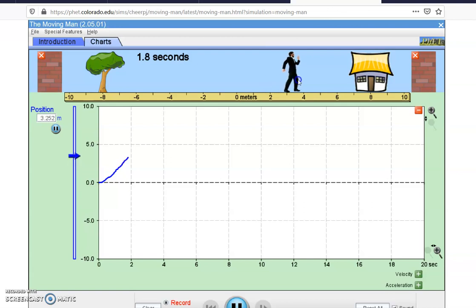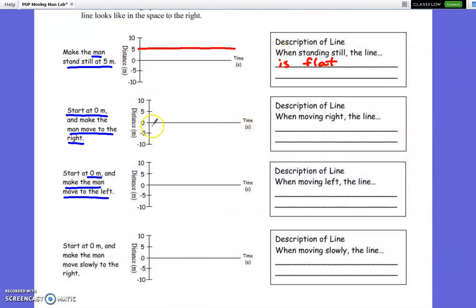We see as the man is moving to the right, the line is going up because he's moving forward. So he's getting further and further from the 0. We can stop it here at this point. And now we want to sketch that line onto our graph using our red marker. So we're just going to draw a line going up. So when moving to the right, the line goes up.